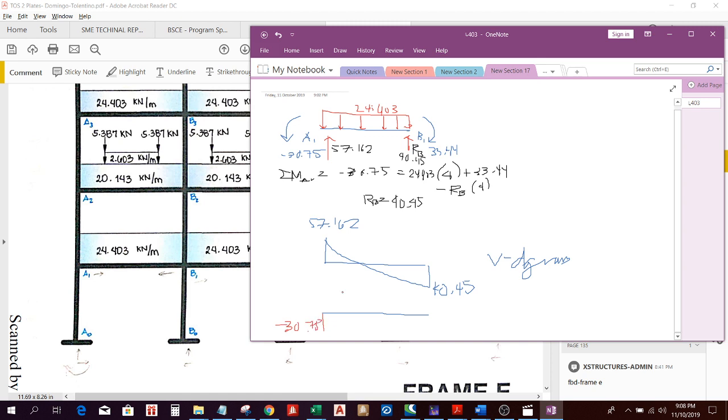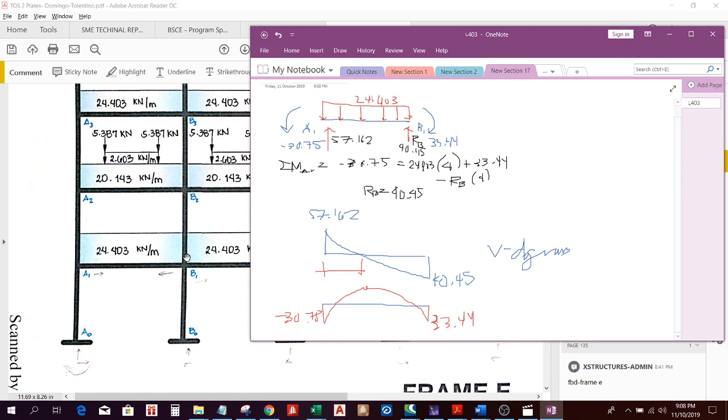You just need to compute x here. Definitely somewhere here. So first degree, this becomes second degree, and another second degree. And definitely you will get moment at B of 33.44.